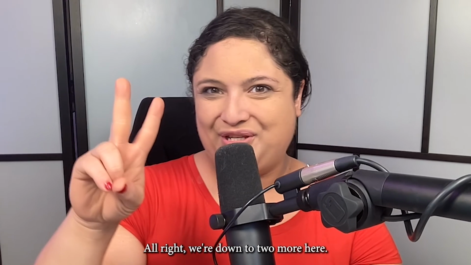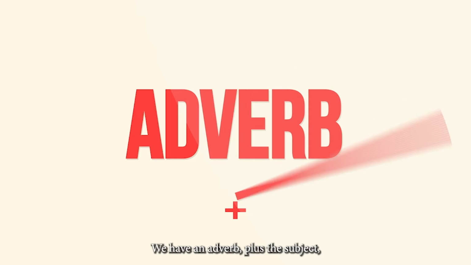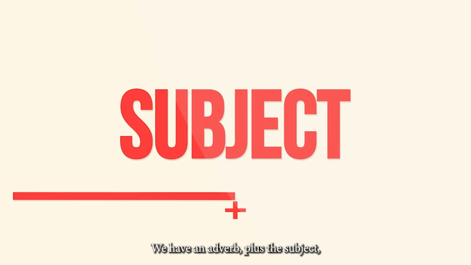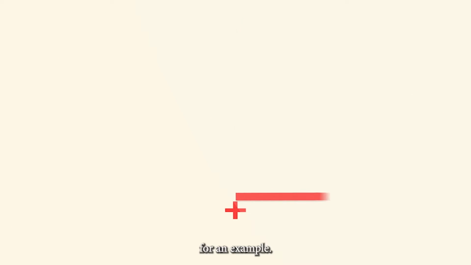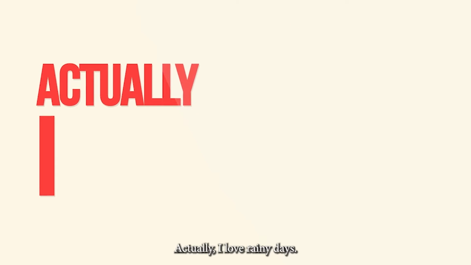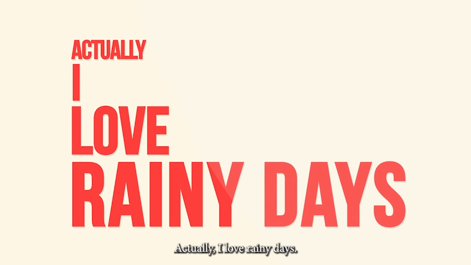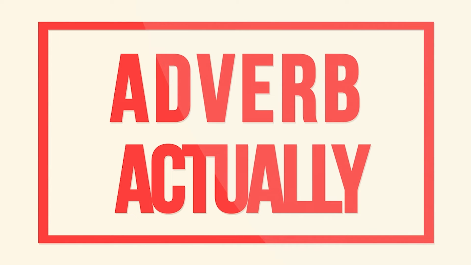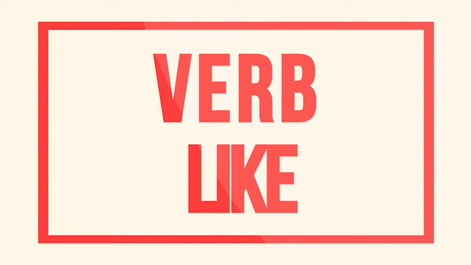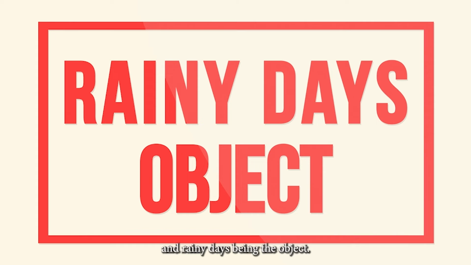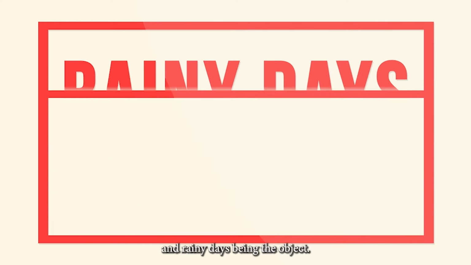All right, we're down to two more. Here we have an adverb plus the subject plus the verb plus the object. For an example, actually, I love rainy days. Actually being the adverb, I being the subject, love being the verb, and rainy days being the object.